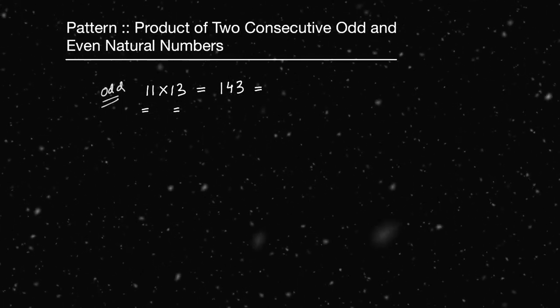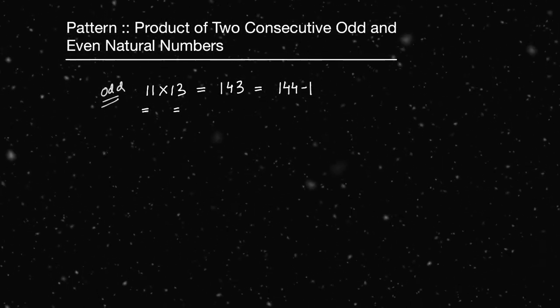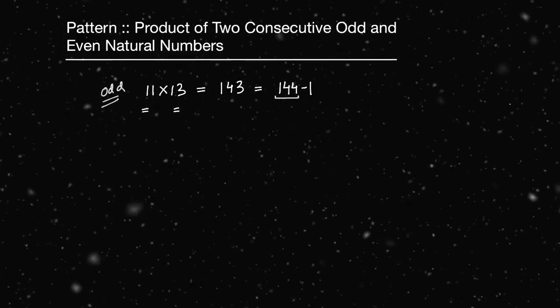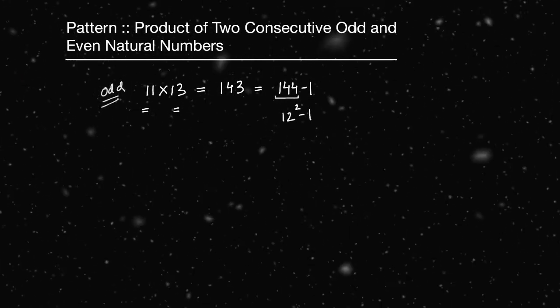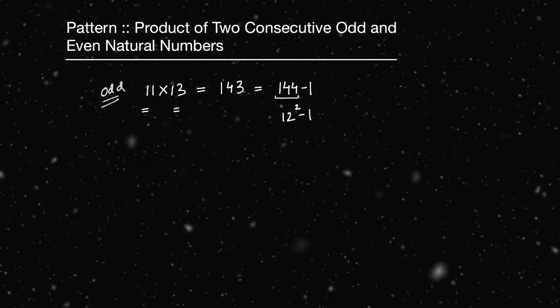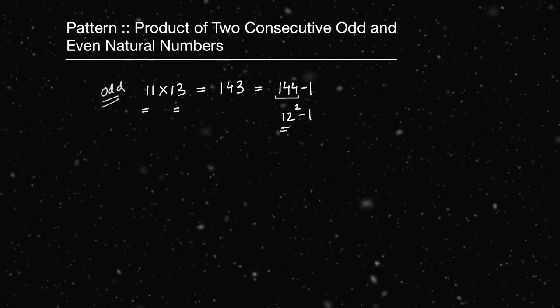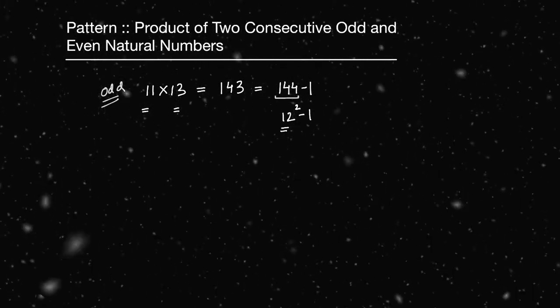Now if you observe 143, it is the difference of 144 and 1, right? And 144 is the square of 12, and we will copy -1. Now students, pay attention. We have multiplied two consecutive odd numbers and we are getting 12, which is an even number.